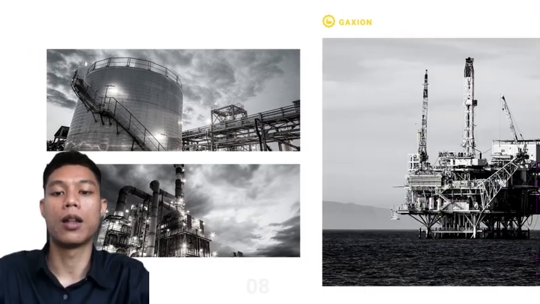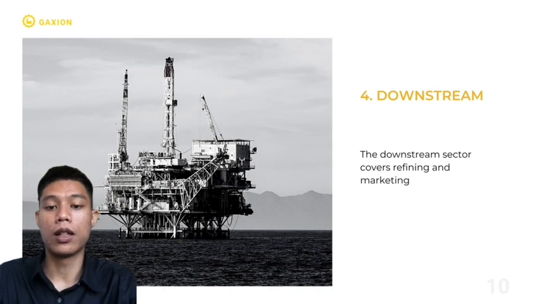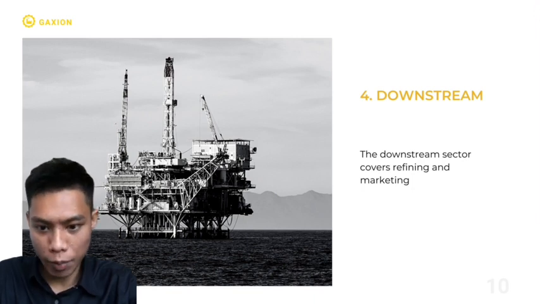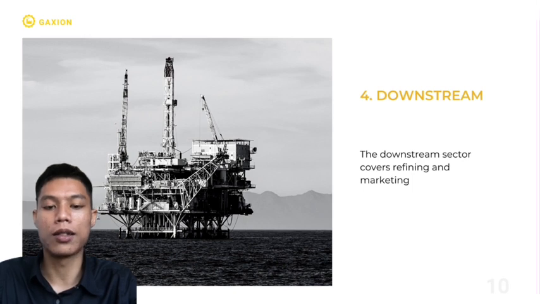Now we go to number 4, downstream. The downstream sector covers refining and marketing. While refining is a complex process, the goal is straightforward: to take crude oil, which is virtually unsalable in its natural state, and transform it into petroleum products used for a variety of purposes such as heating homes, fueling vehicles, and making petrochemical plastics.